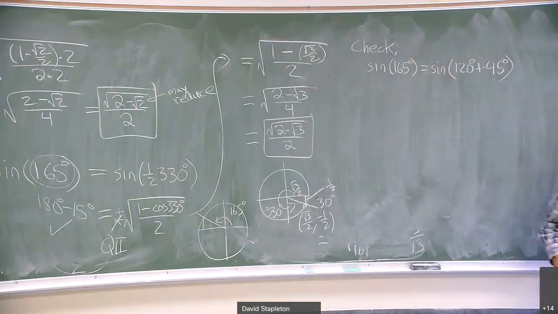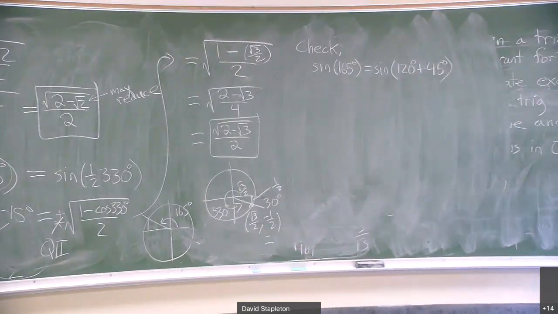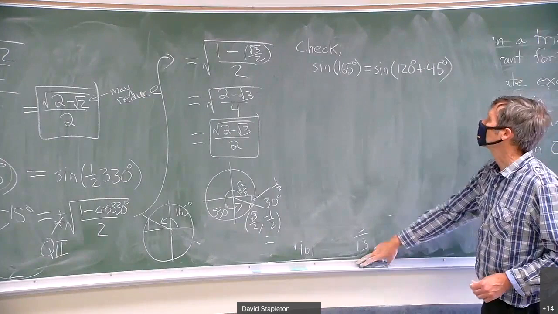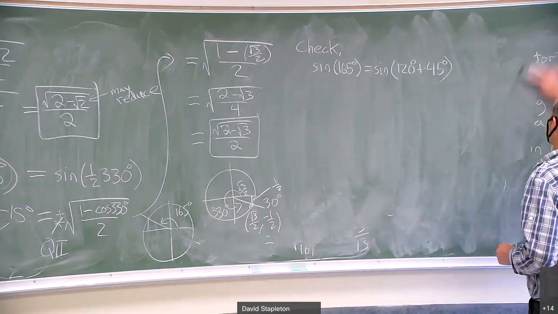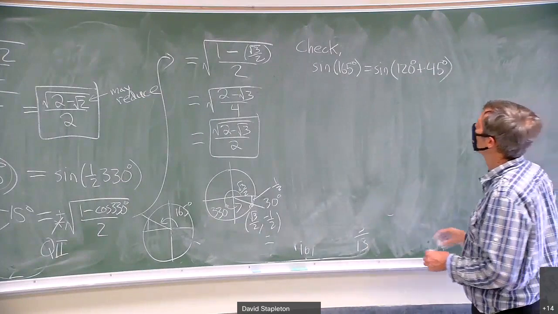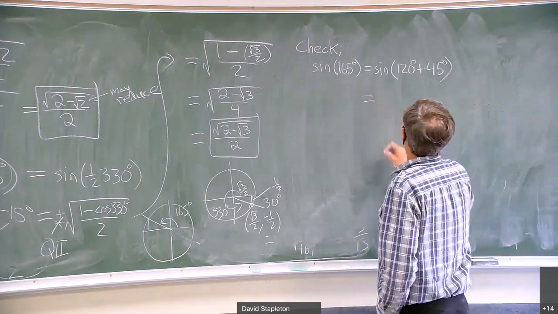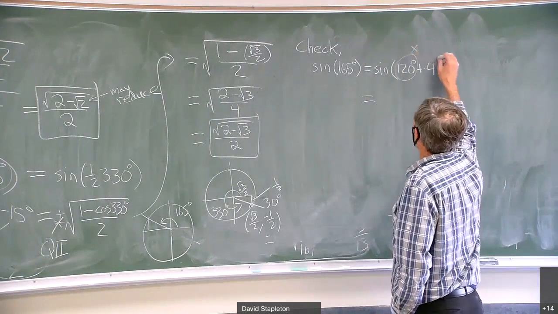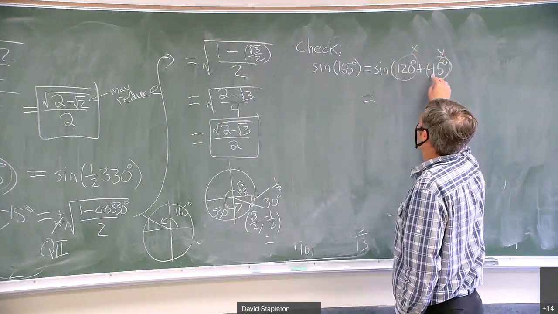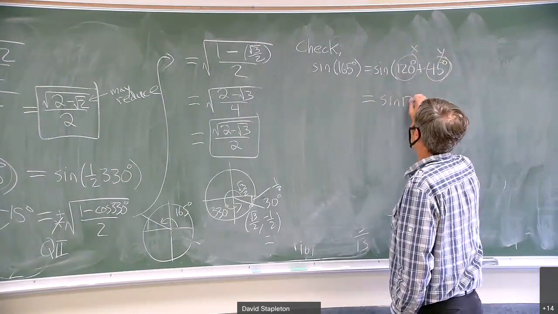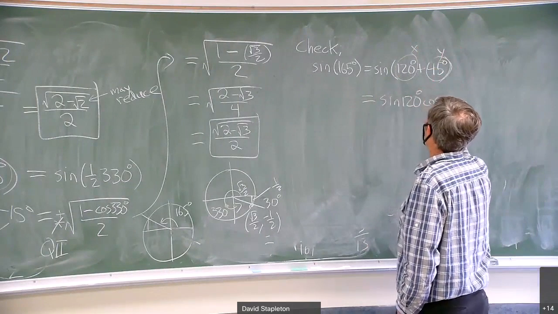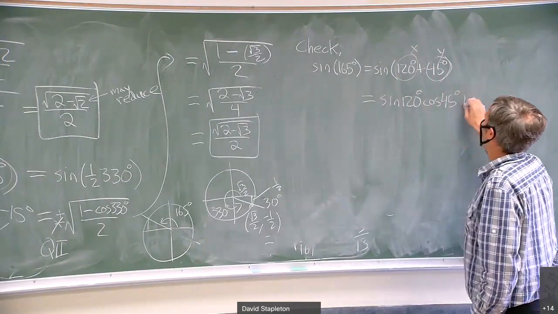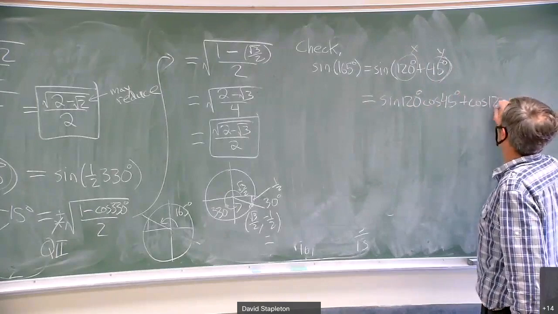Well, I can use the sum identity to evaluate that. Let's see what we get. Again, I'm thinking of this as x and this as y. Sine of x plus y is sine cosine plus cosine sine.